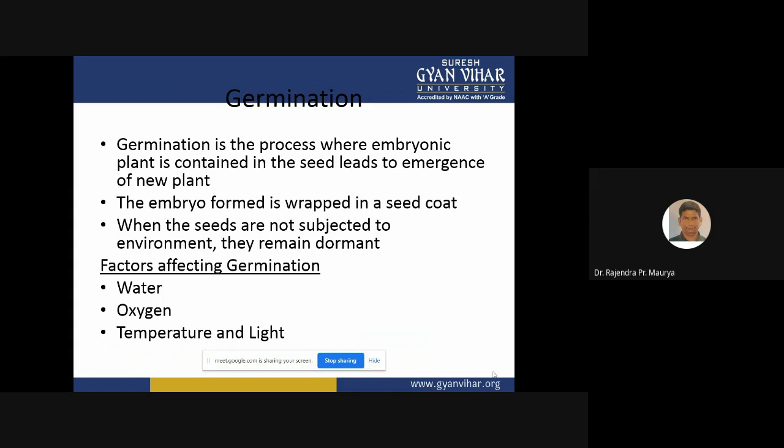Seed germination is of two types, epigeal or hypogeal.